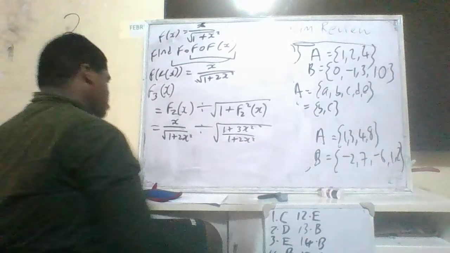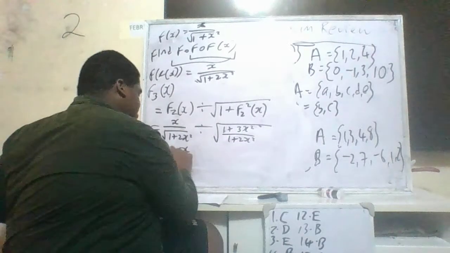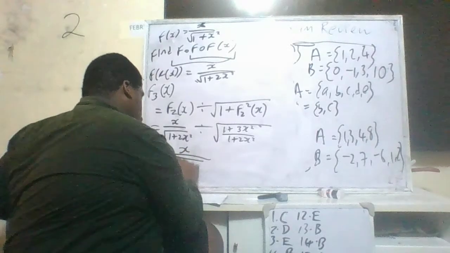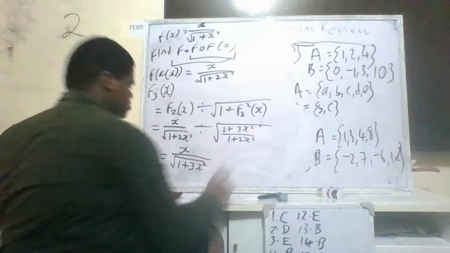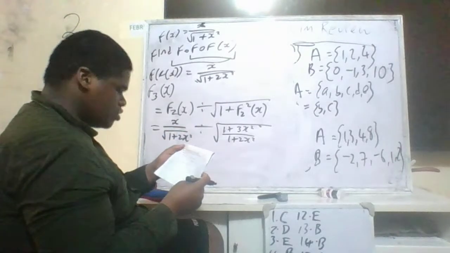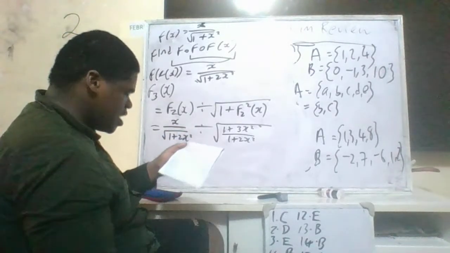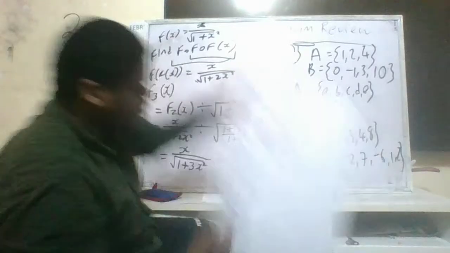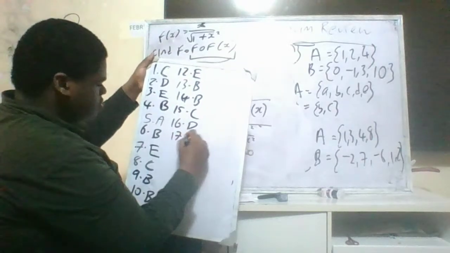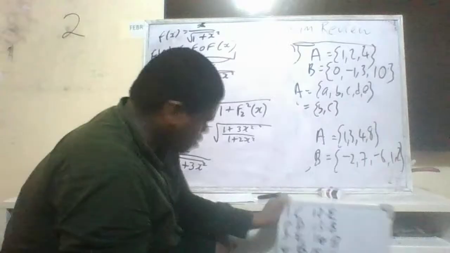Good. If you simplify it further, this is equal to x divided by the square root of 1 plus 3x squared. That corresponds to option D. Question 17, we have D.